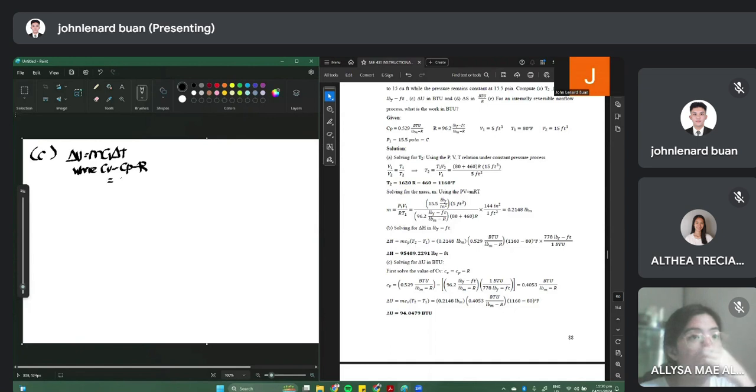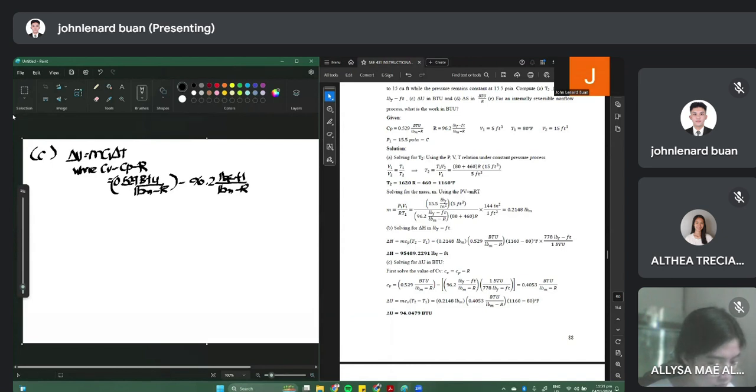Ang given na CP natin ay 0.529 BTU per pound mass Rankine, minus R, which is 96.2 pound force feet over pound mass Rankine. Unit analysis muna.